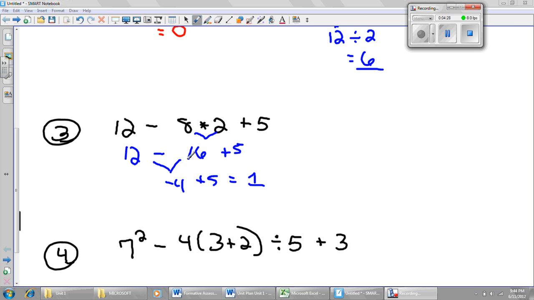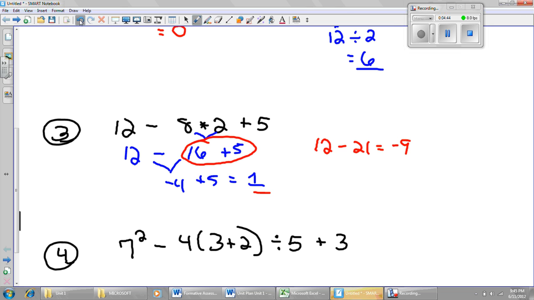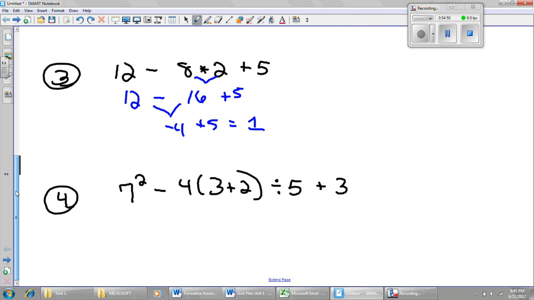Notice on this example, had I goofed and done this part of the problem first, that would be incorrect. I would have ended up with 12 minus 21, which would equal negative 9, which is not the same as 1. So do not do that. Go in the order of operations, left to right, when you're talking only multiplication and division, or addition and subtraction, as in this case.